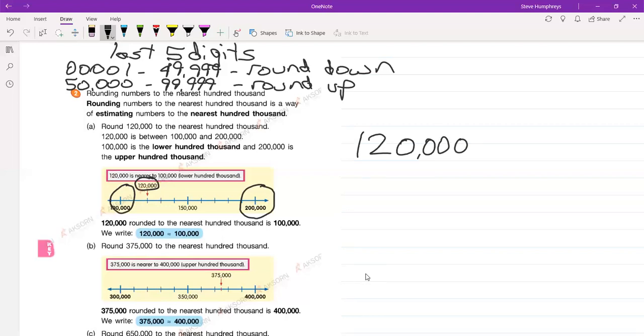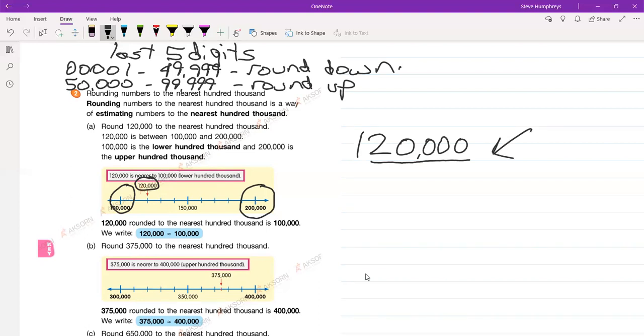Look at the last 5 digits, which are 20,000. Is 20,000 between 1 and 49,999? Yes, it is. So we need to round down.